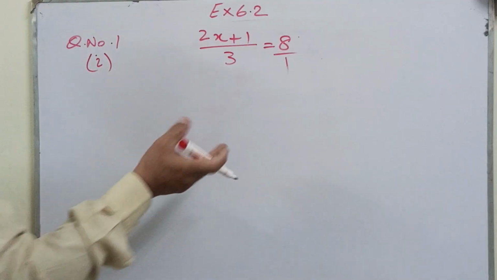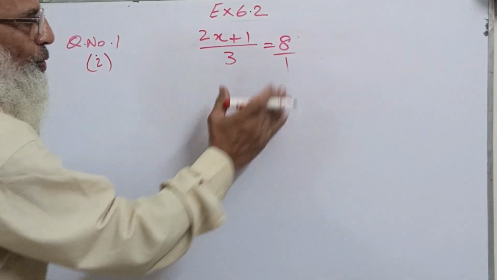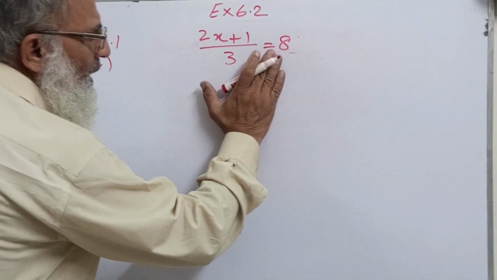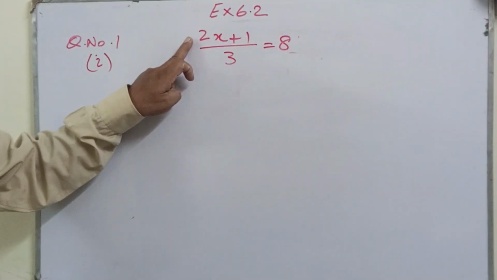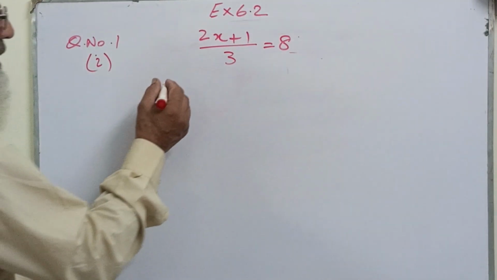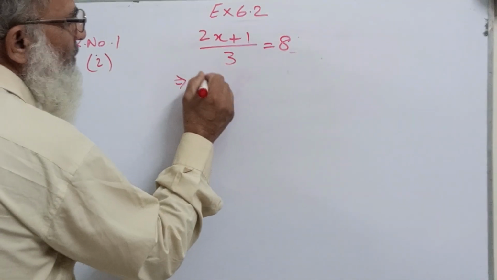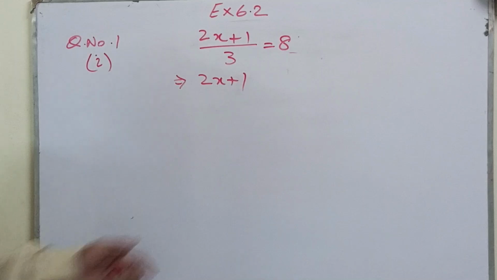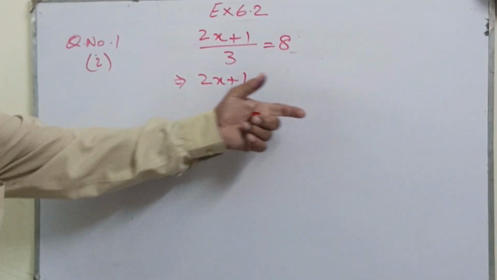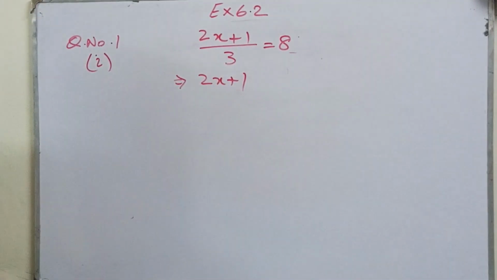Even if you don't write the 1 underneath, this will remain 2x plus 1, and if you multiply it with 1, which I erased, it will remain 2x plus 1.